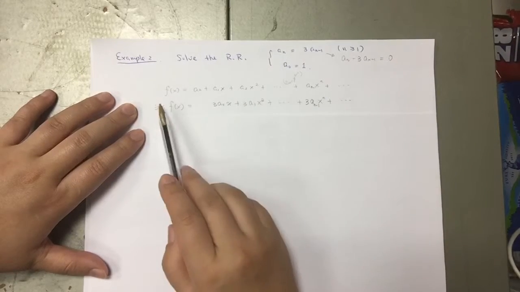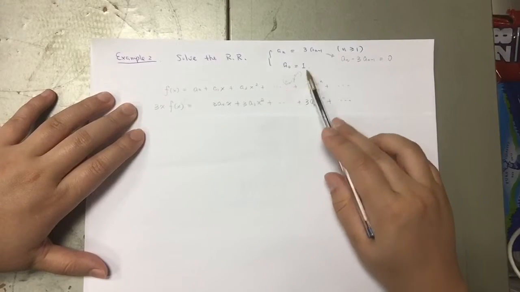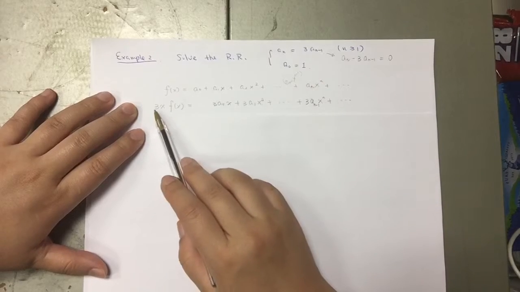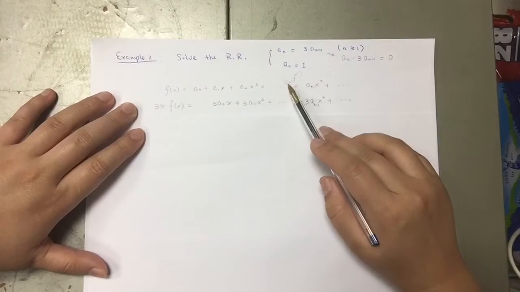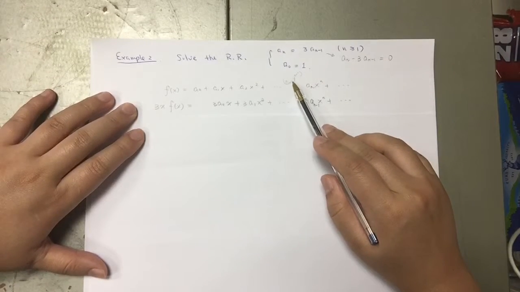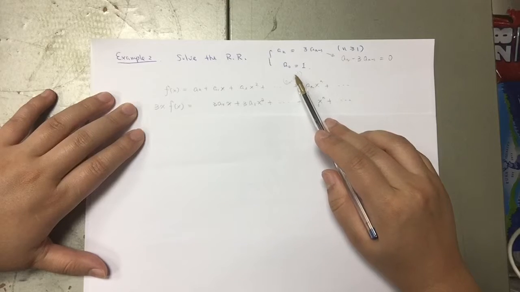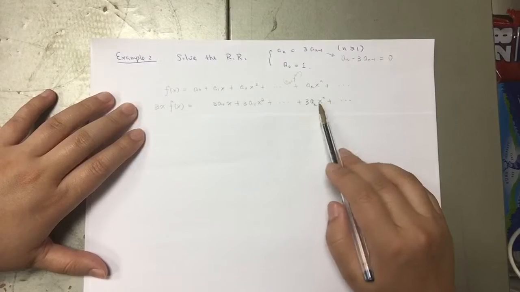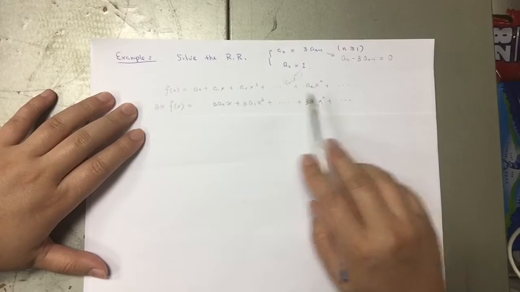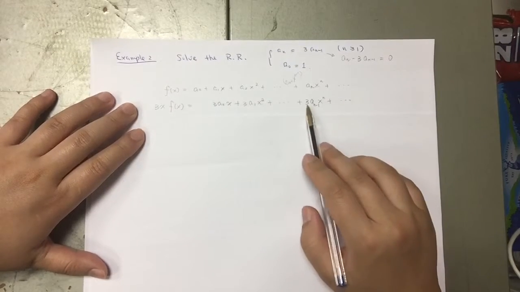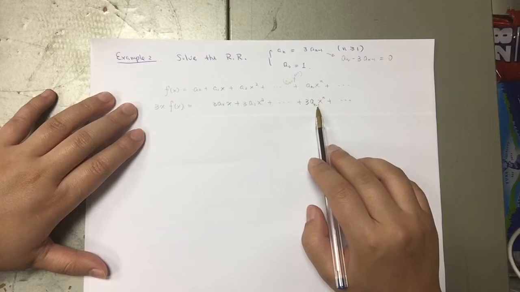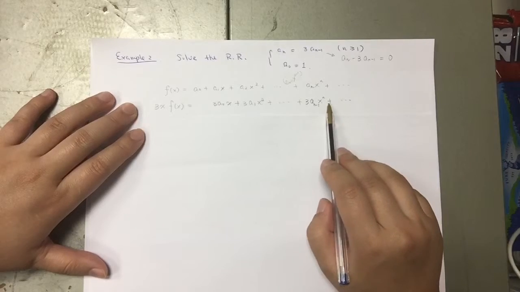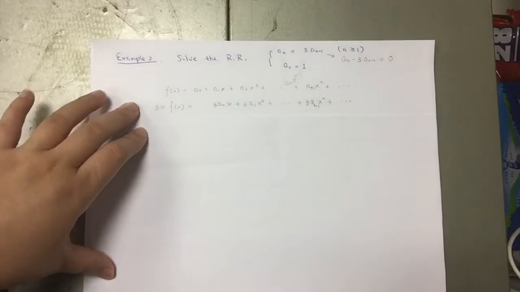When you combine 3x with the term a_{n-1} x^{n-1}, you will see 3x times a_{n-1} times x to the power of n minus 1. Combining those two x terms, we see the x^n term, which makes it 3a_{n-1} times x^n. And again, these terms continue.